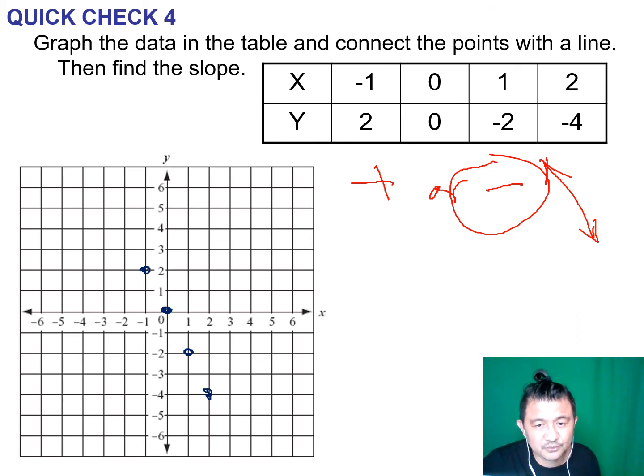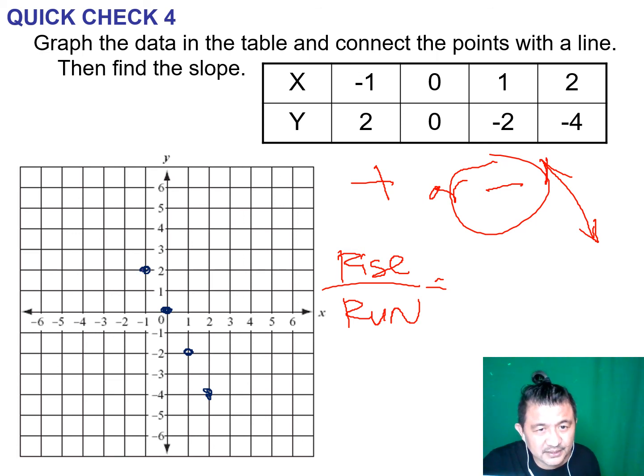So let's look at the rise over the run. So you could write the formula rise over the run. How many units is the rise? Okay, let me use the purple. Rise of 1, 2. 1, 2. It's always 2. But is it positive or negative? If it's going down, it is negative. All right, how about the run?